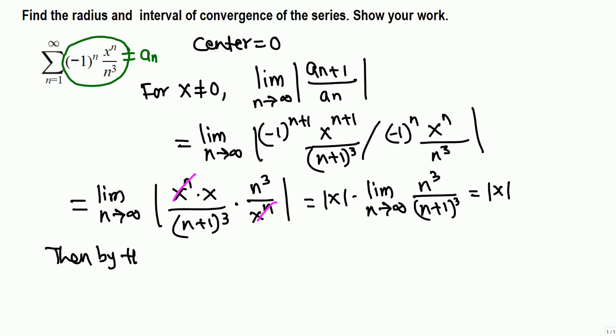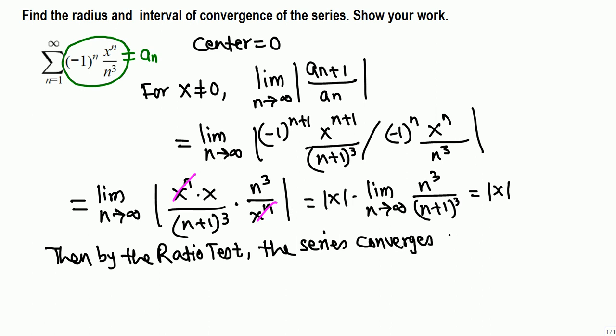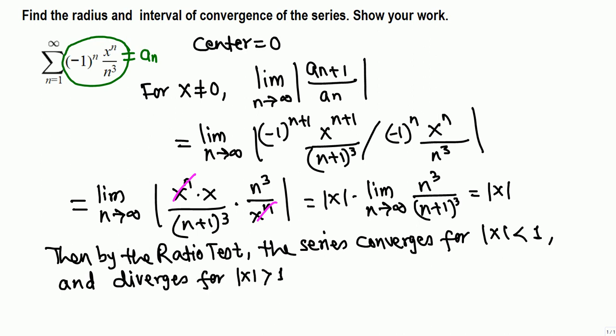Then by the ratio test, the given series converges when this limit of the ratio is less than 1, and it diverges for absolute x bigger than 1.